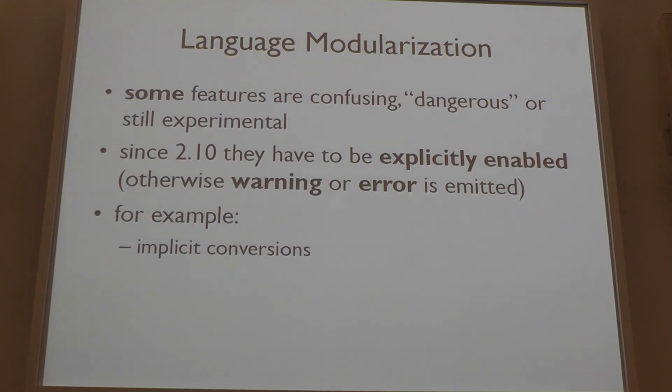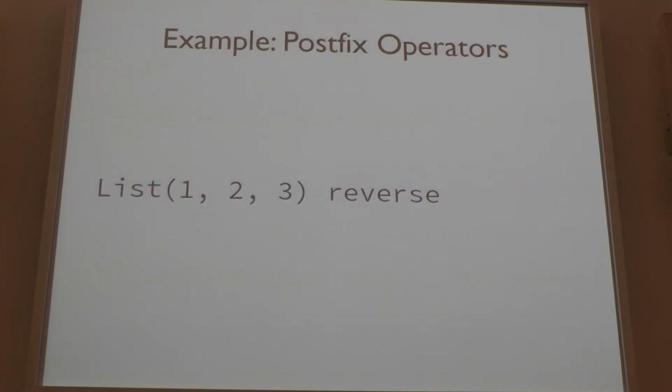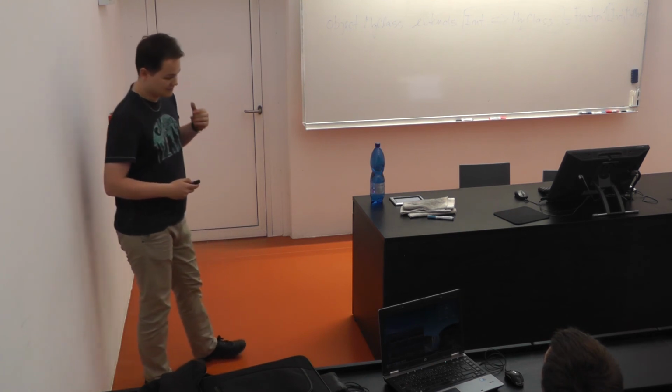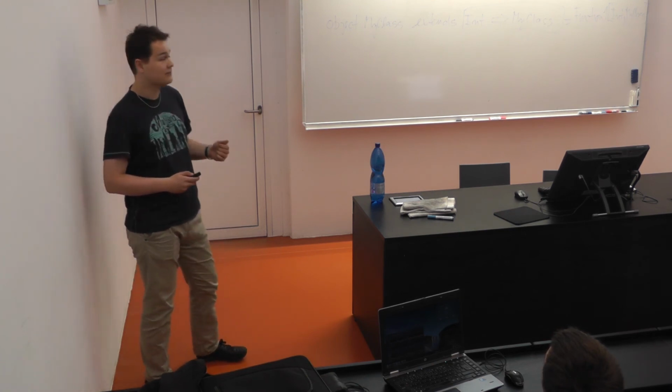Examples of such features are implicit conversions or macros, which are new in Scala 2.10. Here's another example, postfix operators. If you have an object and you call a method on it and you don't use a dot between them, this is considered to be confusing or dangerous in some ways because the compiler can have problems with semicolon inference.